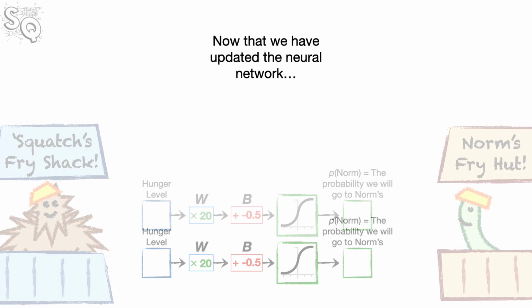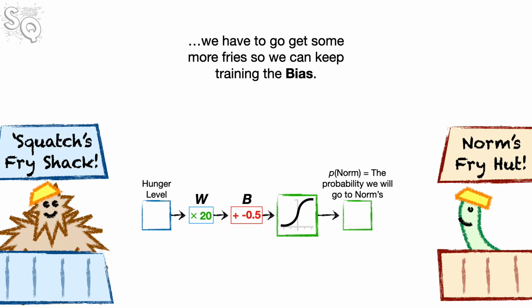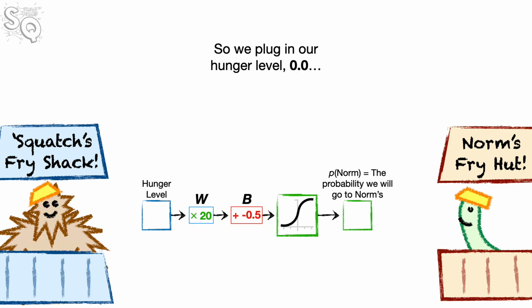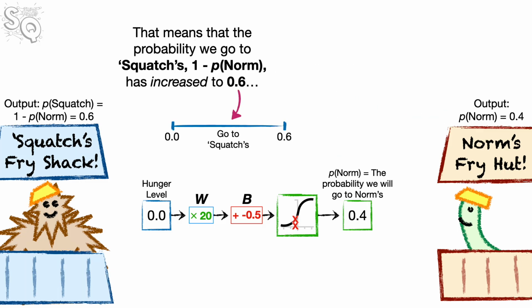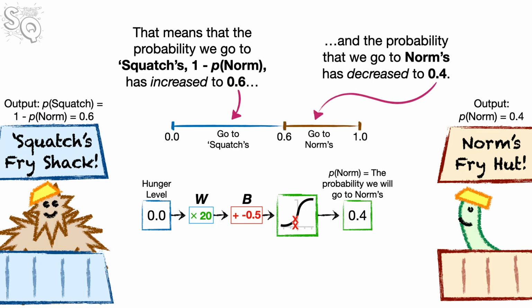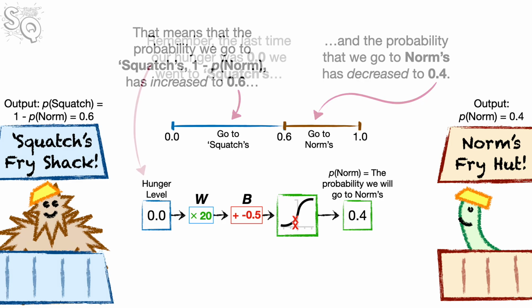Now that we have updated the neural network, we have to get some more fries so we can keep training the bias. So we plug in our hunger level, 0.0, and when we do the math, the probability that we will go to Norm's is now 0.4. That means that the probability we go to Squatch's, 1 minus p norm, has increased to 0.6. And the probability that we go to Norm's has decreased to 0.4.